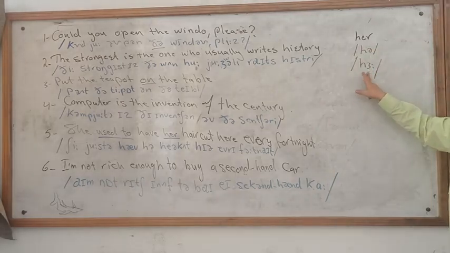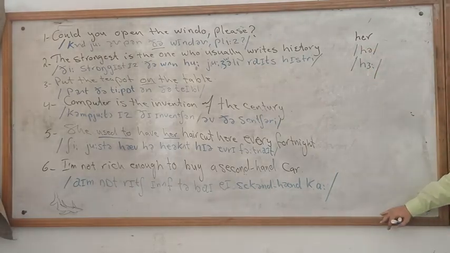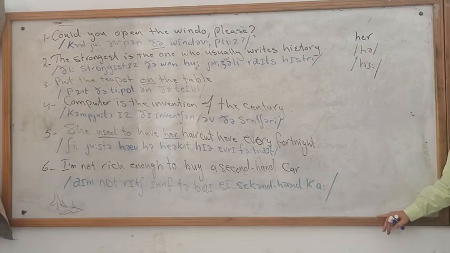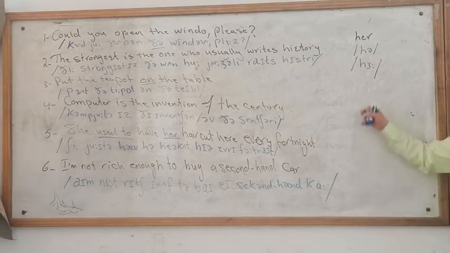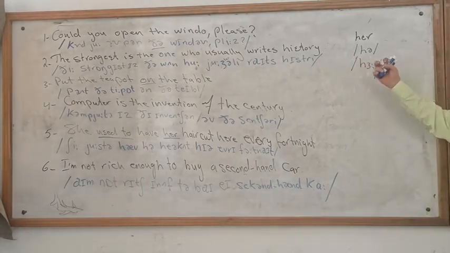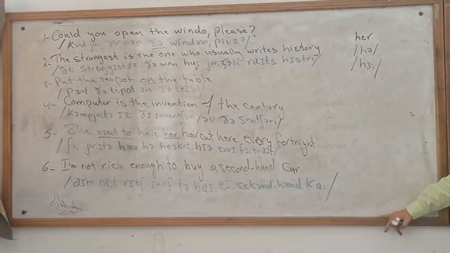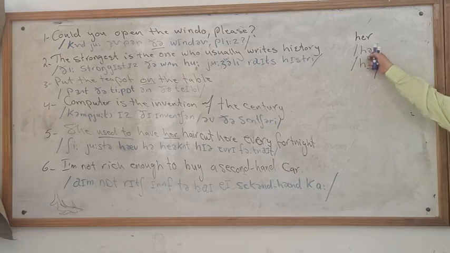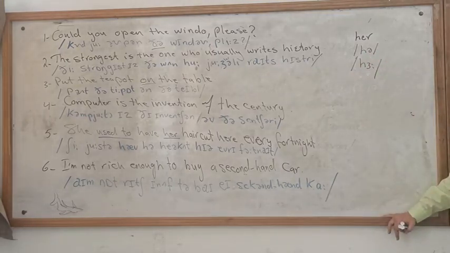But her, when I talk about an object, that she is an object, I gave her money. So here I use the strong form when I'm talking about a person, while I use the schwa when I'm talking about something which belongs to this person.